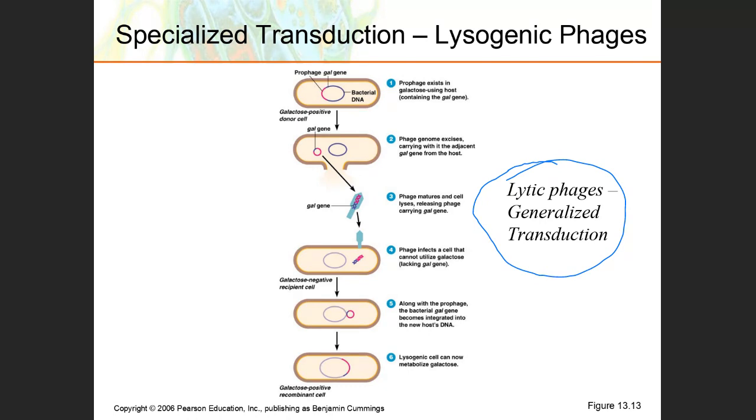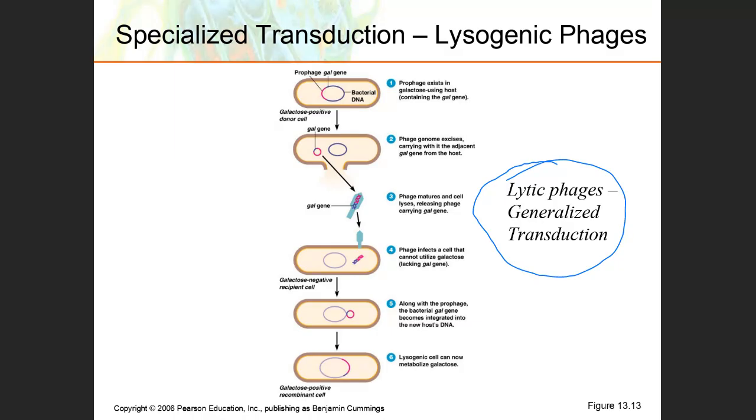But sometimes, just due to random chance, a piece of bacterial chromosome that's floating around is incorporated into the capsid. So now that new virus is actually carrying just bacterial DNA from that host.